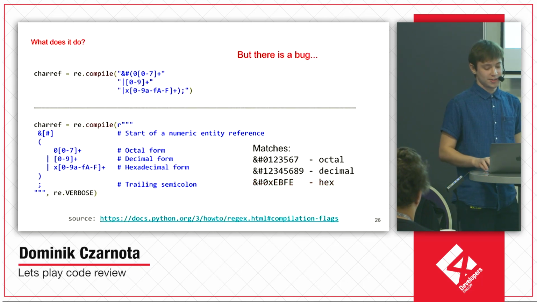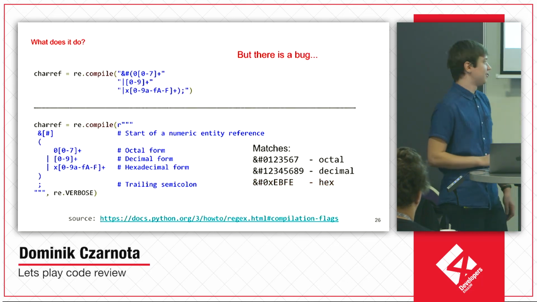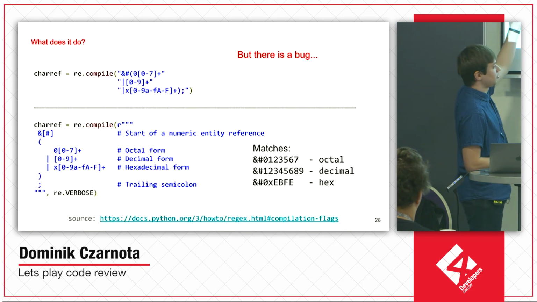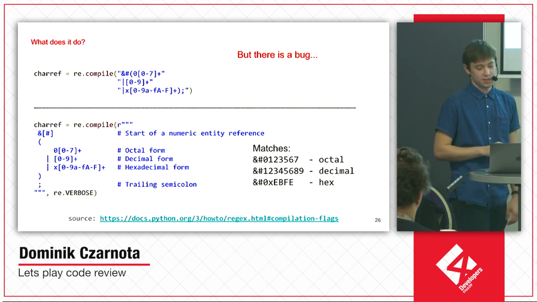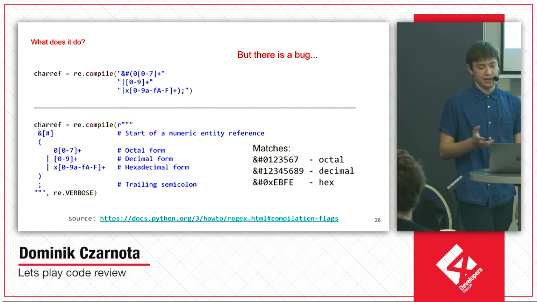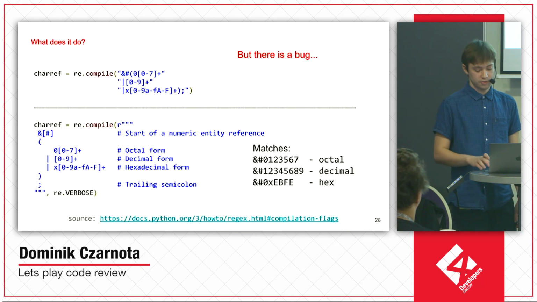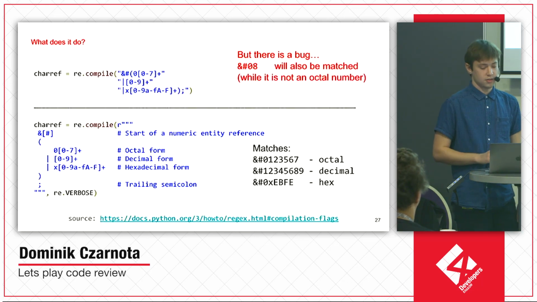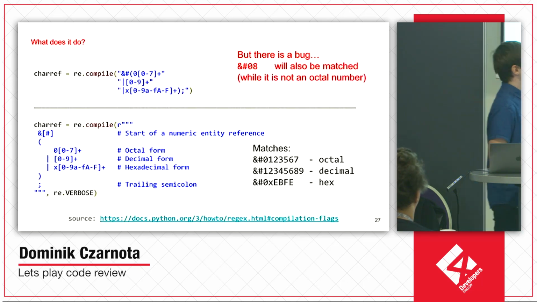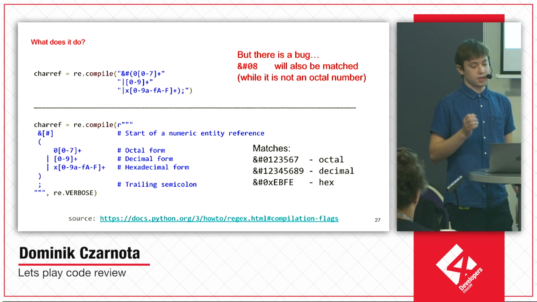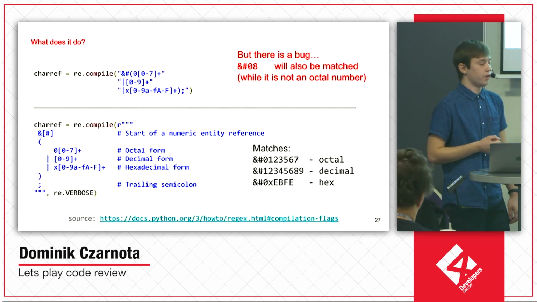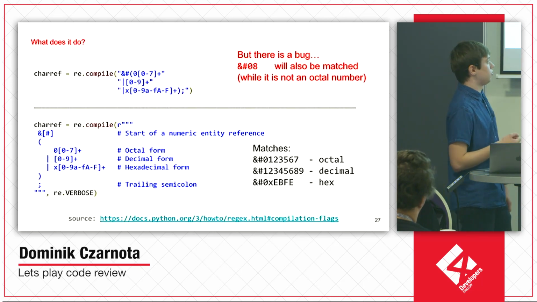So the catch is there is a bug actually, and both of those examples are actually from the documentation of Python, but there is a bug. Does anyone see it? Yeah, it's hard to spot actually. So the thing here is that if you would do 08, this expression would be matched, while it shouldn't because it's not an octal form.